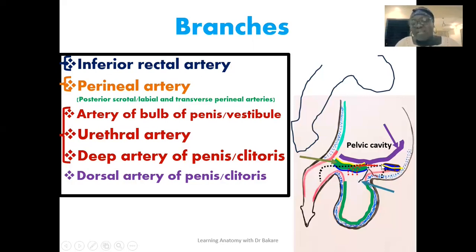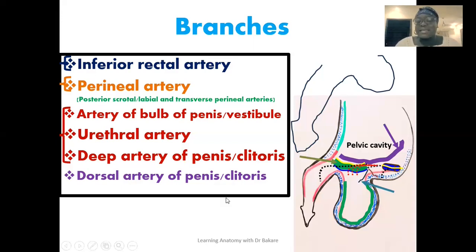You see that they are directed into the deep perineal pouch, and they make a turn where they will be piercing the perineal membrane so as to be able to access the superficial perineal pouch. So you can see that they run through the deep and also the superficial perineal pouch, unlike the perineal artery that is only seen within the superficial perineal pouch.